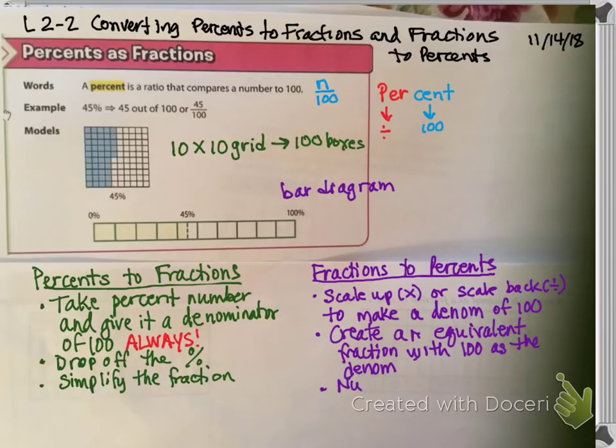So the numerator number will be the percent number. So the only thing that I need to do is to grab that numerator number and remember this key idea. Add the percent symbol to the numerator number.